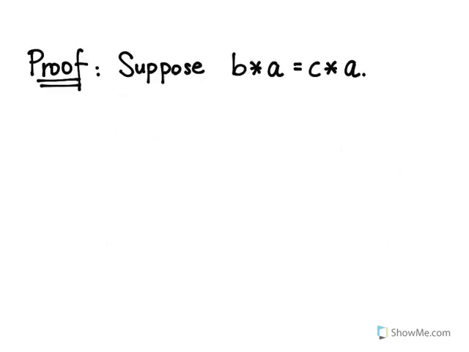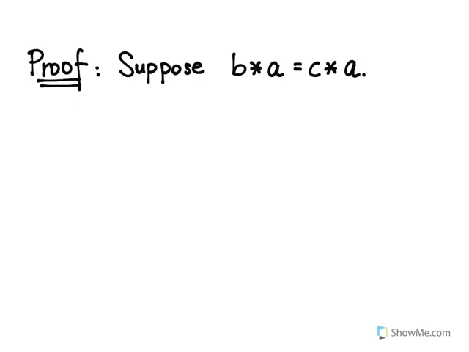I'd like to prove this theorem for you because I think, for one thing, it's a good exercise in using the group axioms. So it's an if-then statement. It says, if B star A is equal to C star A, then B is equal to C. So the structure of a proof of an if-then statement like that will start by saying, let's suppose that hypothesis is true.